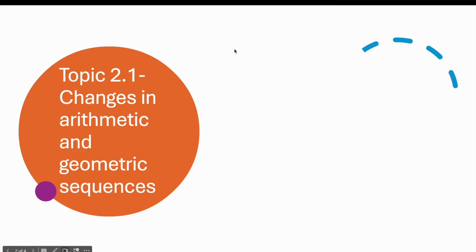So an arithmetic sequence is a sequence that follows as is. Let's say, for example, A1, and our A1 is equal to 1, just to keep it simple.